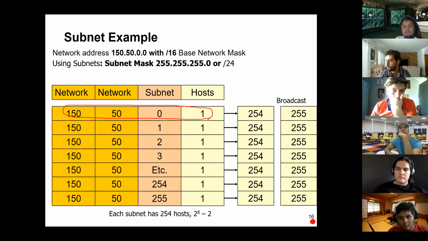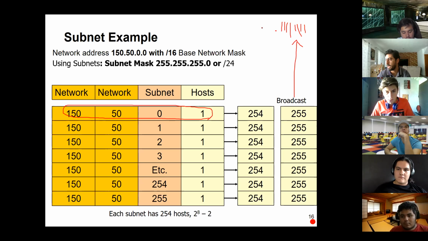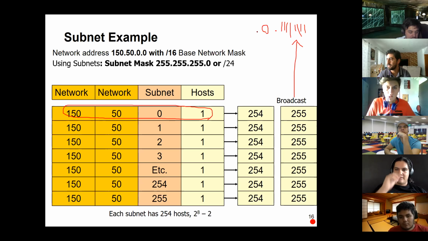Why is it not allowed? Because 255, if you remember, represents all 8 bits being 1. This is basically a broadcast address. All 1s is the broadcast address. Sorry for my bad writing. This is 0, this is 0, this is 50, and this is 150.